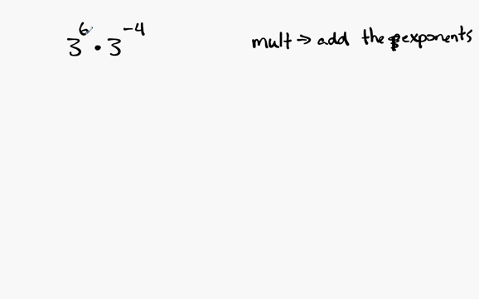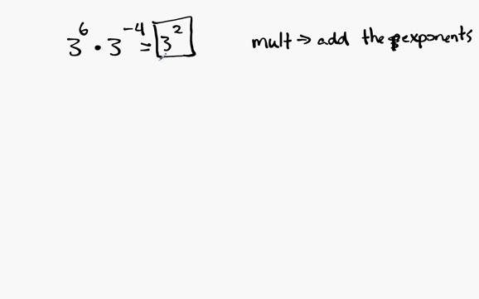So if you forgot how to do this, you probably want to grab a calculator or remind yourself how to do it, because otherwise you're going to get these wrong. But 6 plus negative 4 is equal to 2. Okay. So 3 to the 6 times 3 to the negative fourth is just equal to 3 to the second power. And that's it. That's all this involves. Okay? And again, you don't need numbers for this.